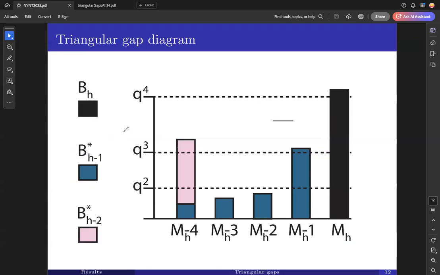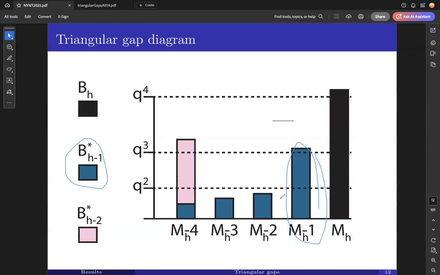So basically, yeah, exactly what Moshe said. These are the sets that are B sub h minus 1 sets, but not B sub h sets. And what we're going to see is that they are most likely to be here. They're most likely to be 1 off of the max. And that is why this is above q cubed. Again, there are constant multiples here. This is a picture. It's not a histogram or a measure of anything precise.